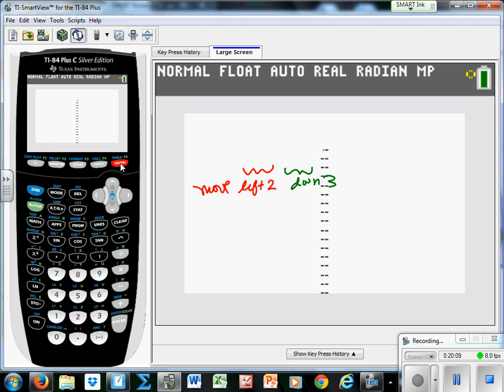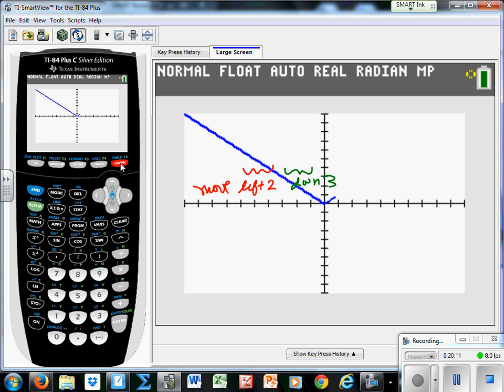Let's see the graph. Okay, so there's the parent function. Does it move left 2 and down 3? Left 2, 1, 2, and down 3, 1, 2. Now, really, it's every single point on this graph that's moving.